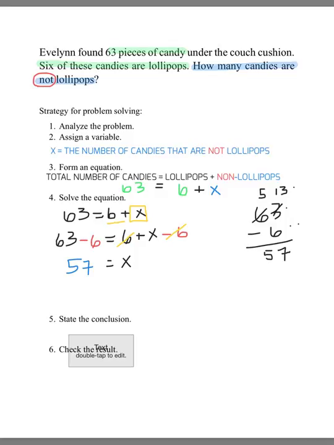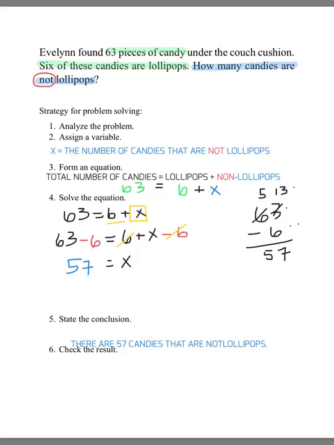So let's go ahead and state it. There are 57 candies that are not lollipops.